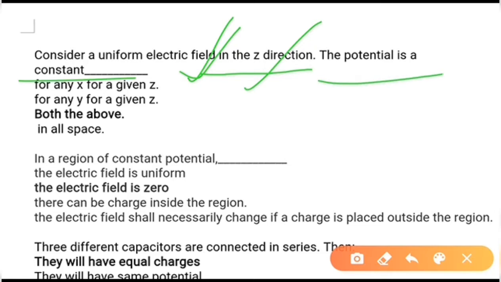The options are given: any x direction, any y direction. So in both x and y directions the potential will be constant, and in all space is not correct. So only in the xy plane, in these directions, the potential will be constant. So the exact answer will be both of the above.